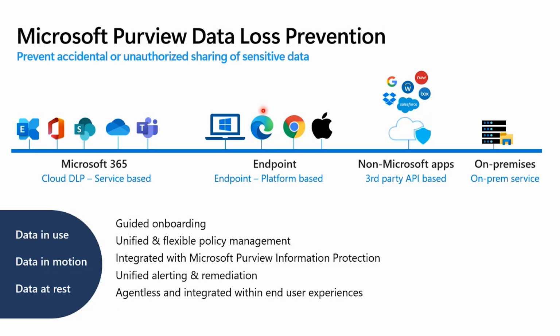But as well, we can even extend this data loss prevention to other platforms in the sense that we're able to control how the information is being exfiltrated or being moved from our organization to other platforms.